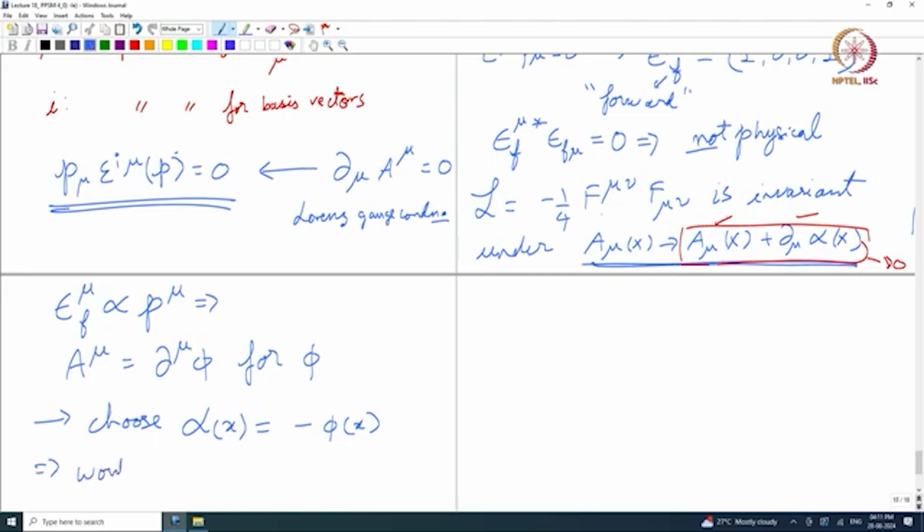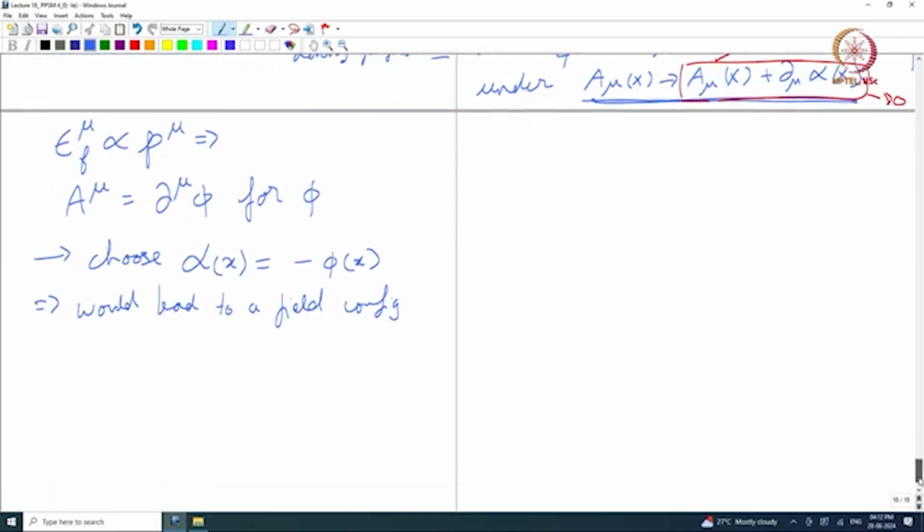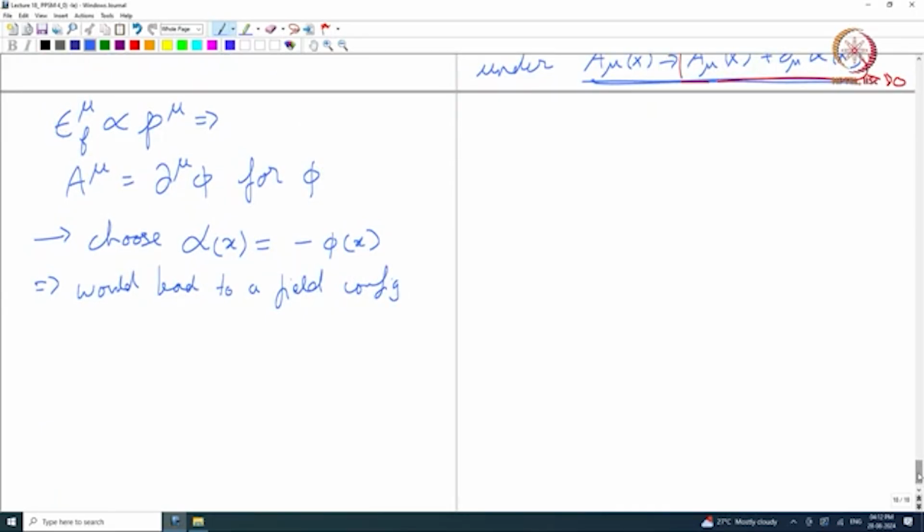Let me write that in words. This would lead to a configuration of fields where if I call this whole thing A prime mu if you want, a field configuration where the whole A mu is 0. Okay. So, is that not strange?